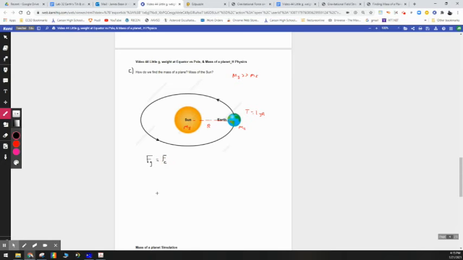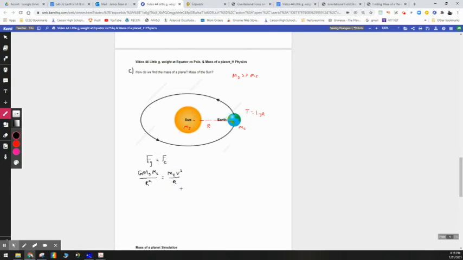Here's big G, the mass of the Sun, the mass of the Earth, divided by the orbital radius squared. That has to equal, since this is centripetal motion, the mass of the Earth times v squared over R. We'll start with this.